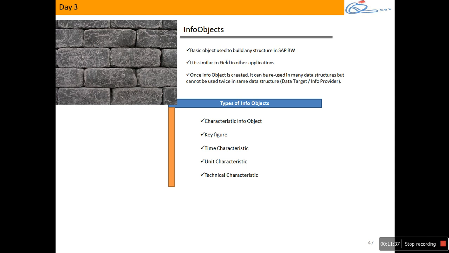So if I need to have 100 columns, how many info objects will I need? 100. So first I will create 100 info objects, then group those info objects and create my cube. Then once my cube is formed, I have the target, I have the source table, connect the source table and my target with the data flow and trigger the loads. Then the data is extracted from the source and loaded into my cube, and then I will deliver a report on top of this cube.